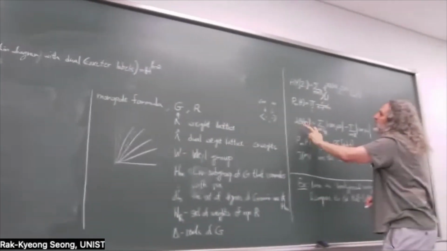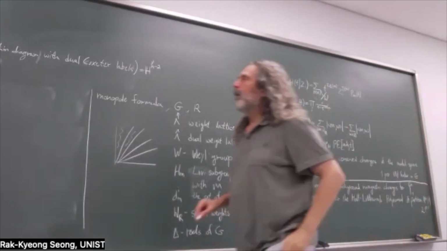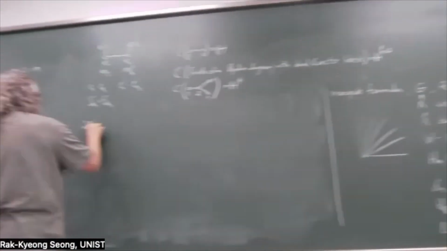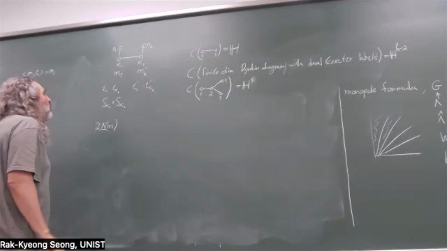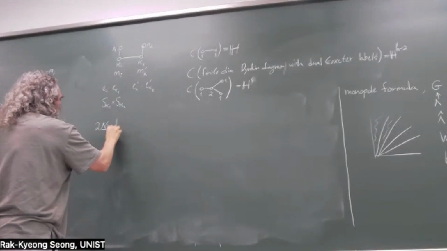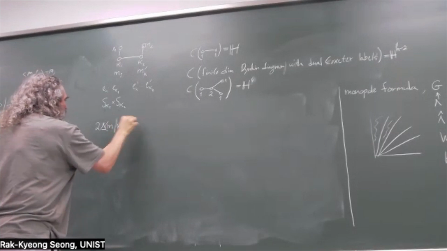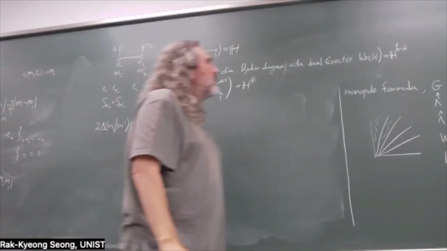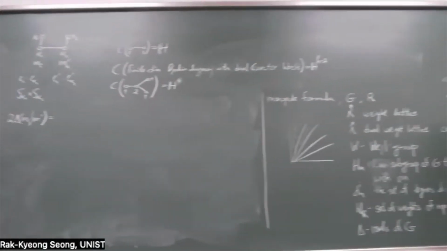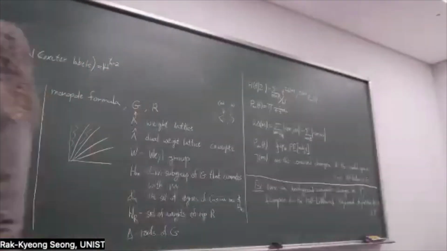Let's compute delta. So 2 delta of m, and now it's a function of m and m prime. I need to get contributions from the matter, so I'll have 3 different contributions, 1 per each line.